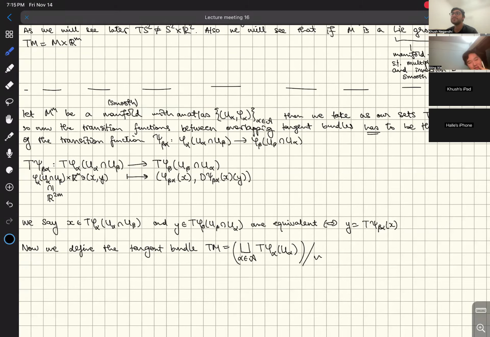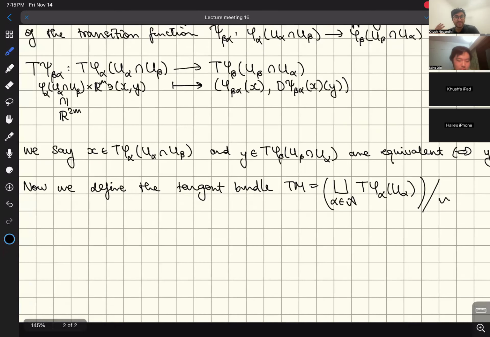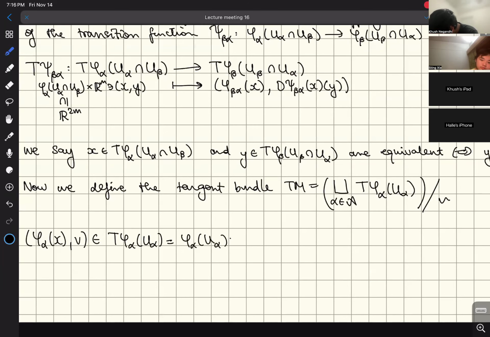But yeah. So okay, let's write out what it means for things to be equivalent in a chart. So let's say we have the point phi alpha x and v as a subset of the tangent bundle of phi alpha, which is just equal to phi alpha times Rm.